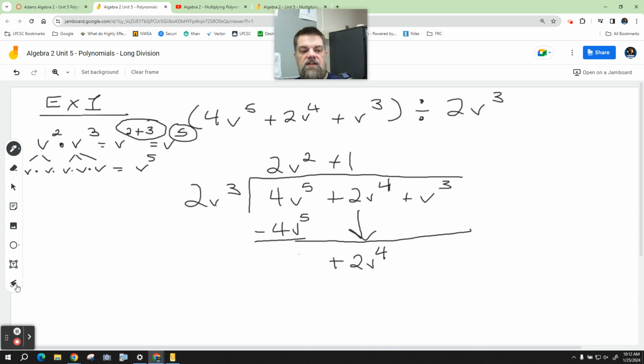Now, what do I multiply v cubed by to get v to the 4th power? What's that? 1. Yeah, v to the 1st power, right? So just v. Multiply it out. 1 times 2 is in fact 2. V times v to the 3rd power is v to the 4th.